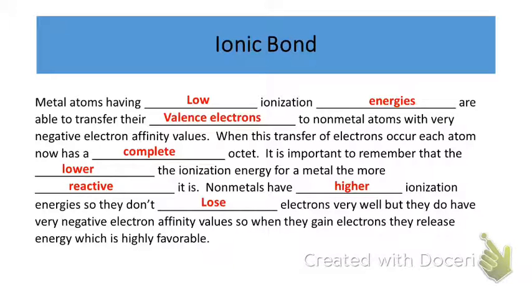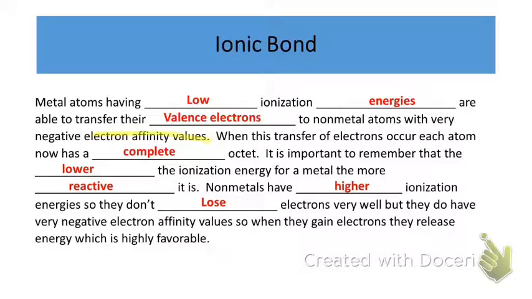Whereas nonmetals have what are called high electron affinity values. Just to give you a brief idea, we'll discuss electron affinity a little bit more later on. But electron affinity basically describes how much an atom wants electrons. And the more that they want electrons, the higher their electron affinity values.